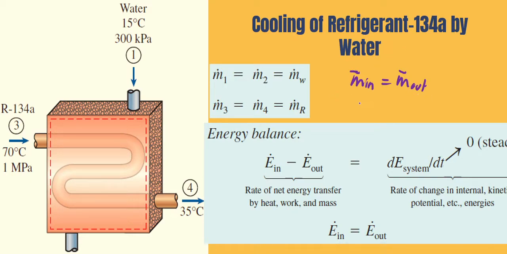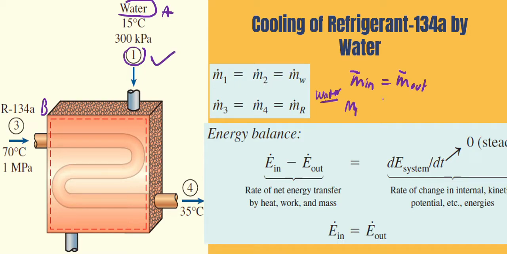So now what is mass in for fluid A, for water? This is fluid A and this is fluid B, water and refrigerant. For fluid A, what is in? The numbers are given for you, 1, 2, 3, 4. So what is mass in for water? For water, mass in is equal to M1.